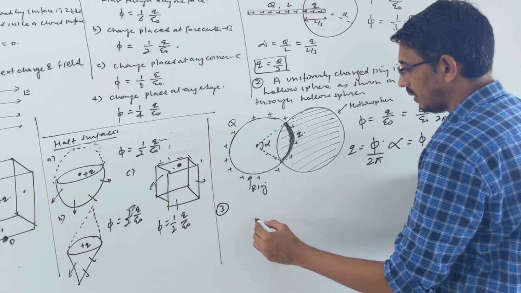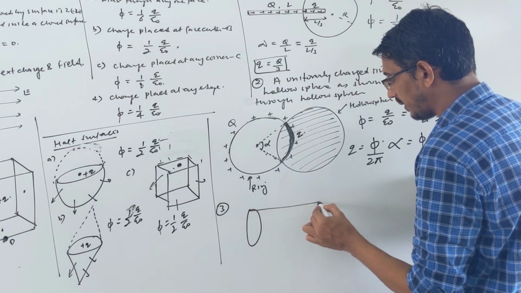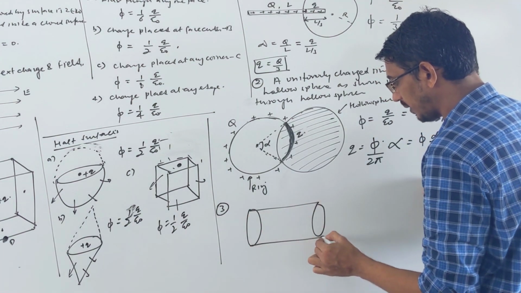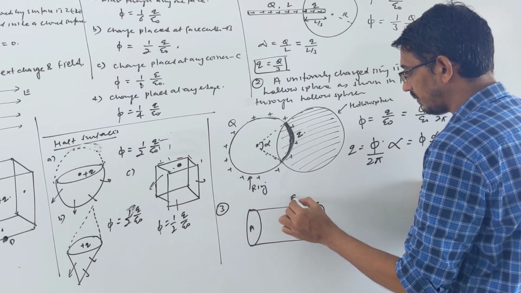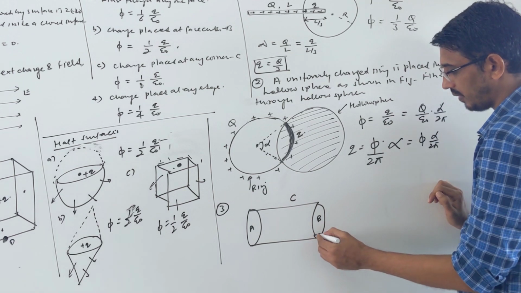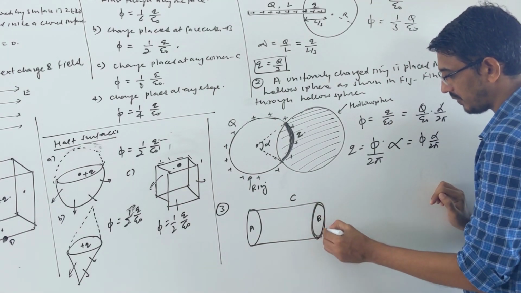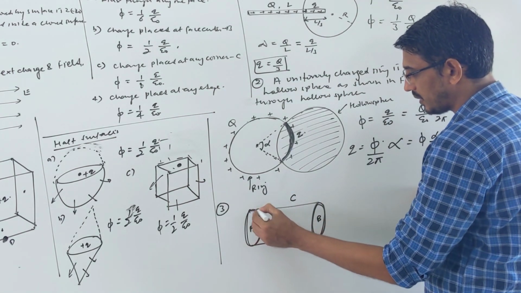They said there was a hollow cylinder, and some surface names were given like this. A and B are the circular faces, and C is the curved surface.